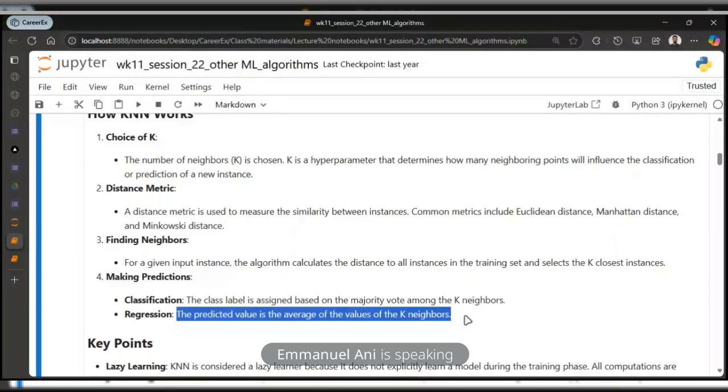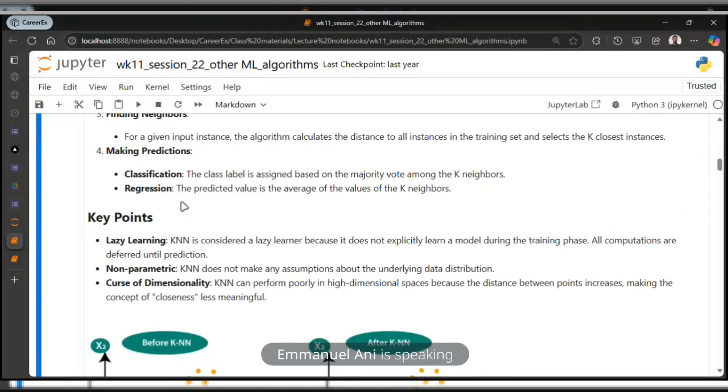That is what we call hyperparameter tuning, all right? Trying out different hyperparameter values to see which value would give us the best performance, all right?